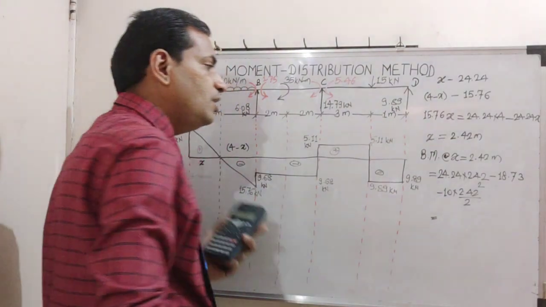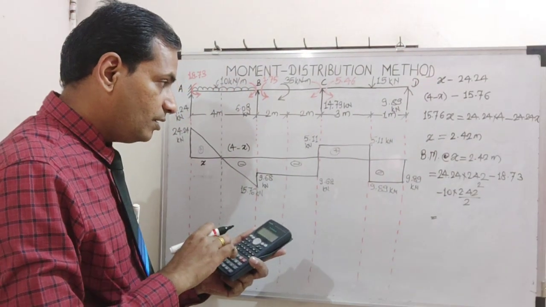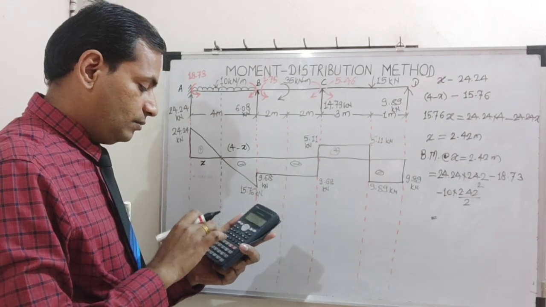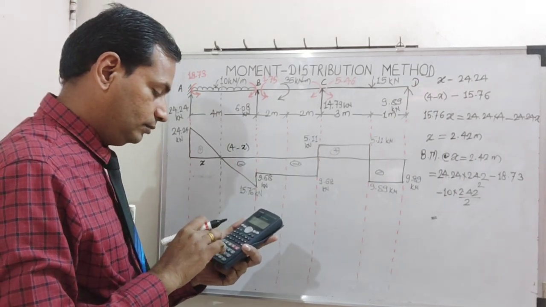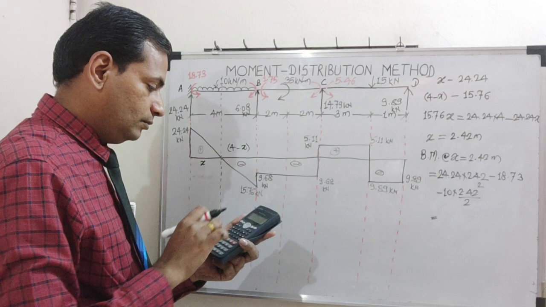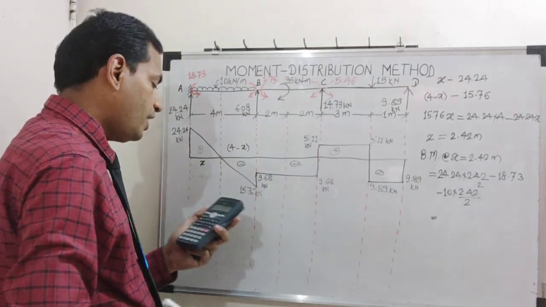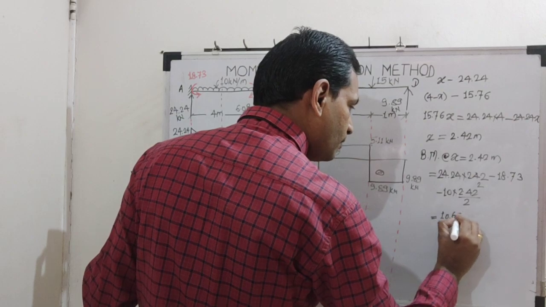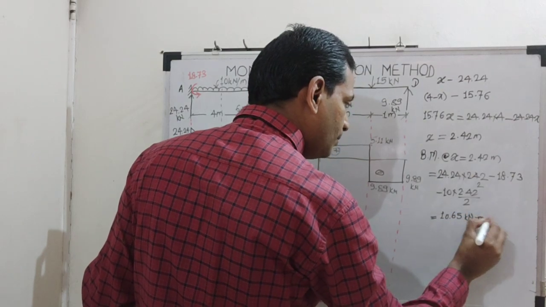So let us see the value. The answer is 10.65 kilonewton meter.